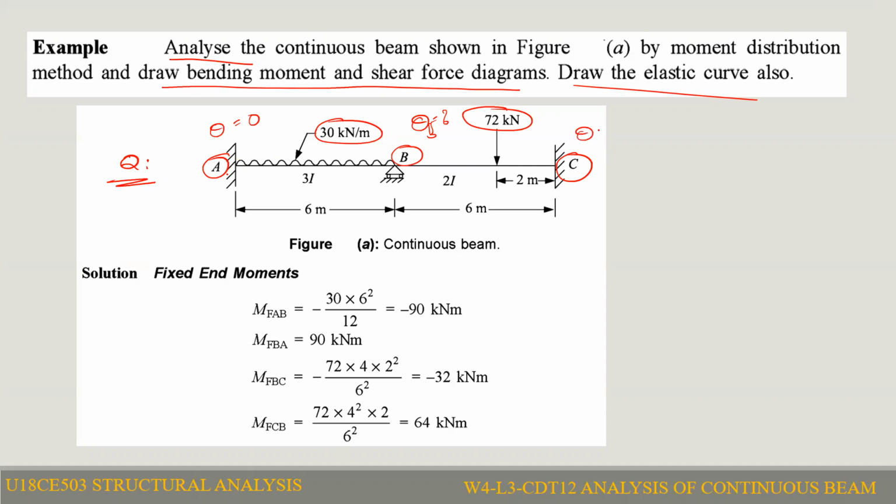Displacement is also 0 everywhere, delta is 0 unless specifically mentioned, like settlement of a support. So the only unknown is theta B, so the kinematic indeterminacy will be 1.